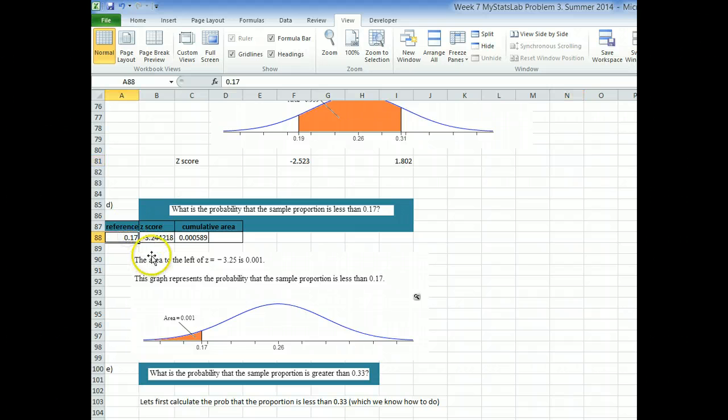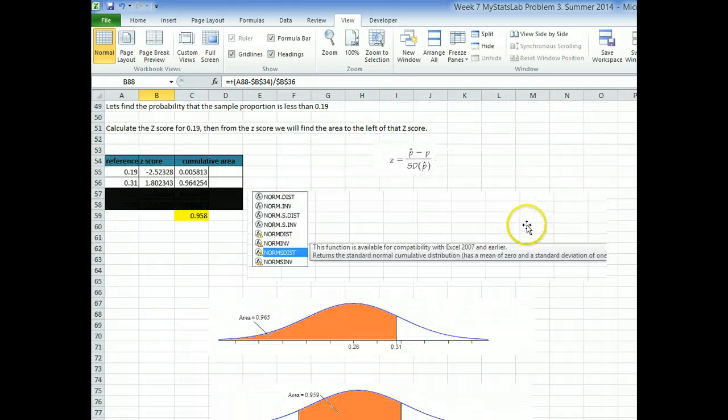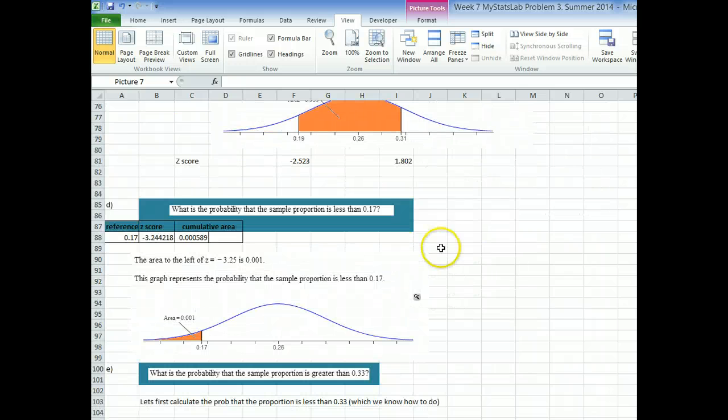Again, the reference is 0.17, the z-score I can calculate from this formula here, right?